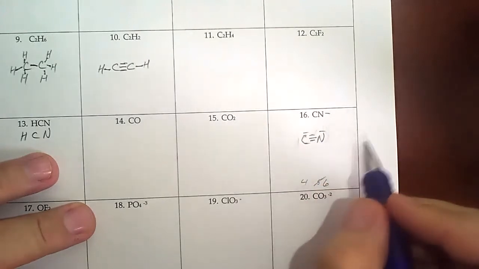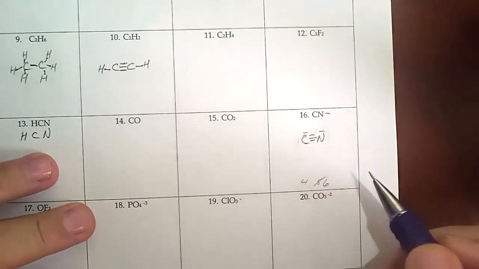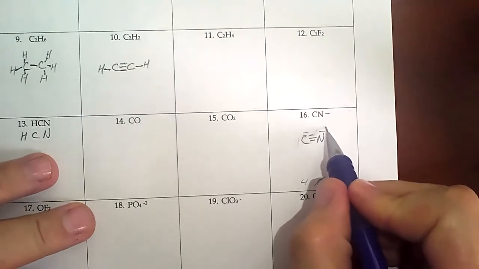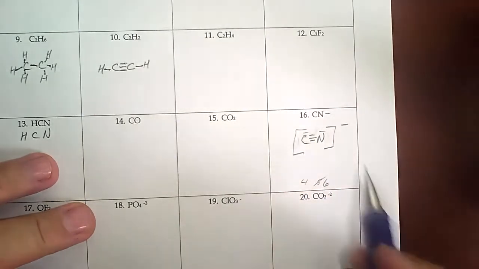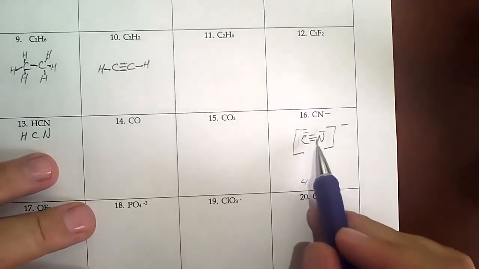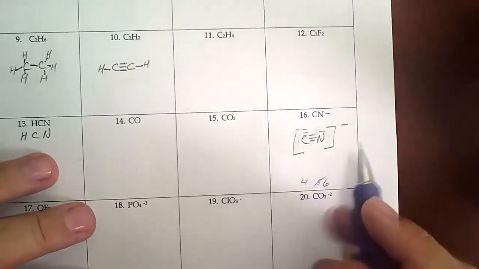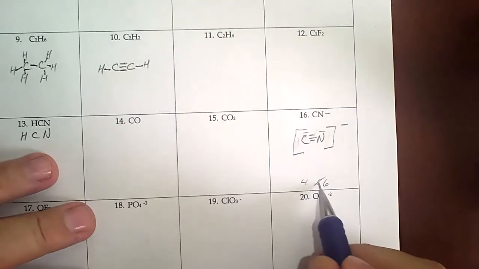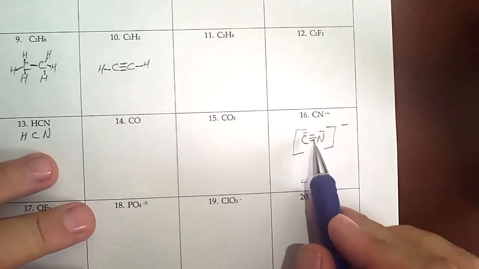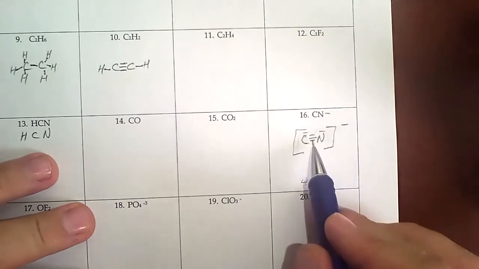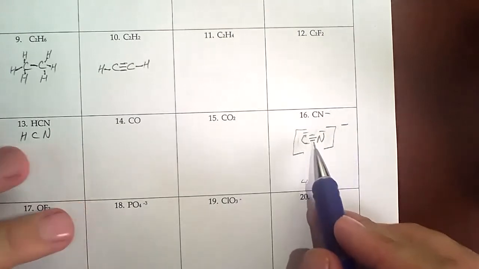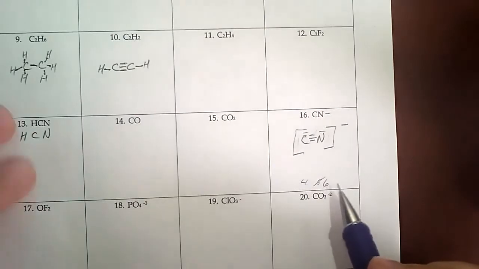Now, the next thing to do, and this is the thing I tend to forget, is that we put brackets and the charge is -1, which is basically to say, I know that if you count up the valence here, it's 10, and you would have thought maybe that it's supposed to be 9, but I'm not kidding. There's another one in there, and I didn't make it up. It's really -1 when you look at this diagram. There's an extra electron in there.